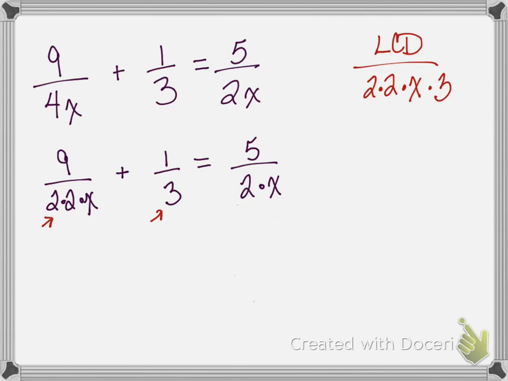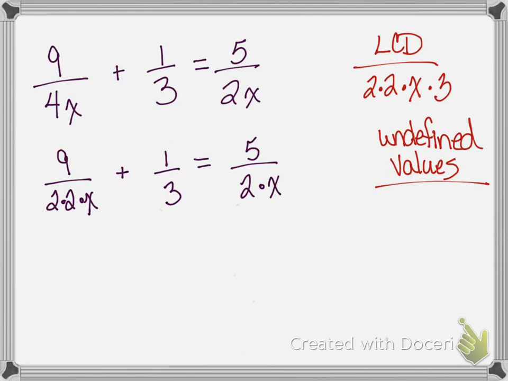Now, the next thing that I need to think about is my undefined values. Do I have some values that x cannot be? Okay? Is there a value that I could plug into x that would give me 0 in the denominator? It is.